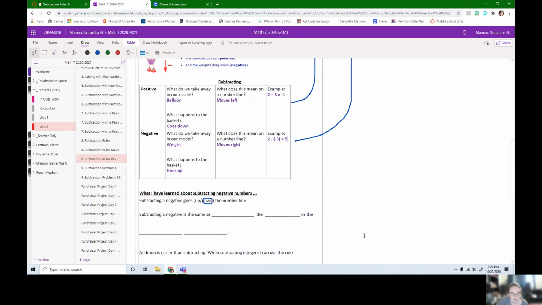So it says subtracting a negative is the same as blank, the blank, or the blank. So it's going to be subtracting a negative is the same as adding the opposite.